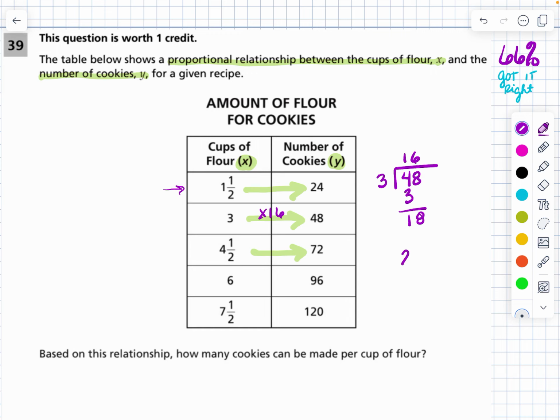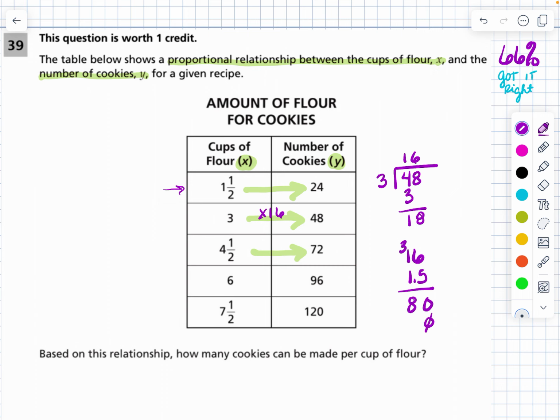So I'm going to go 24. Nope, I'm not going to do 24. I'm going to do 16 times 1.5, and I should end up with 24. That's the goal. So 5 times 6 is 30, 5 times 1 is 5, plus 3 is 8.